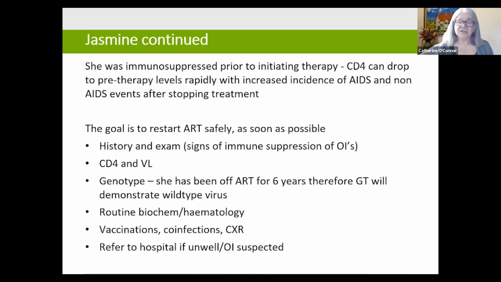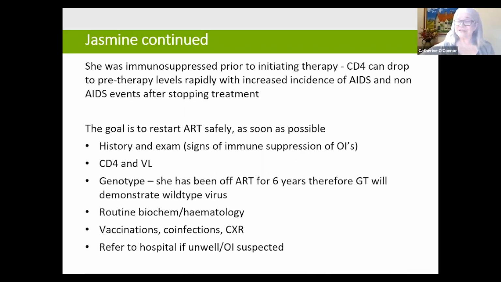So we know that Jasmine was immunosuppressed prior to initiating therapy, and her CD4 count almost certainly would have dropped to pre-therapy levels rapidly, and she's probably got an increased incidence of AIDS and non-AIDS events after stopping therapy.